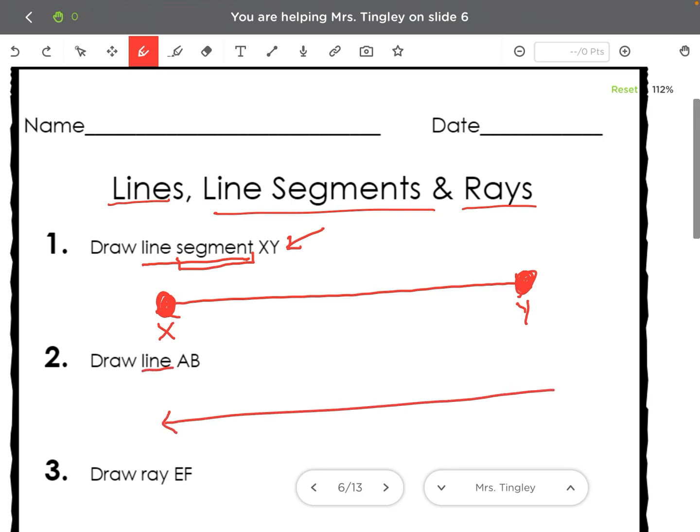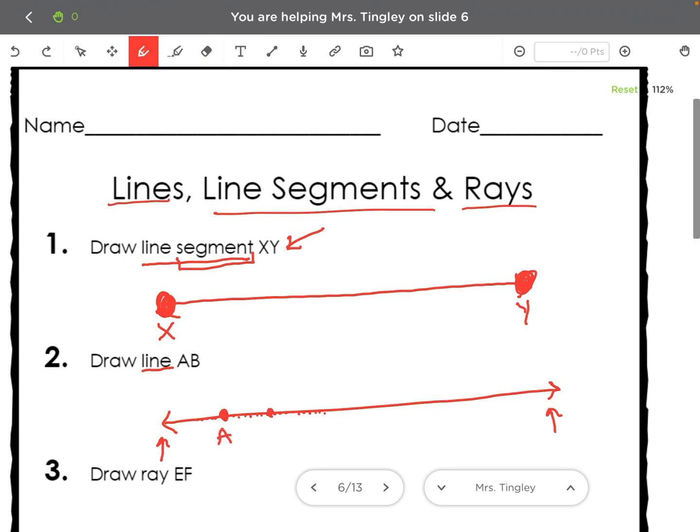Now we're going to draw just a regular line. Regular lines continue forever and ever. They will have an arrow on both sides of the line. Go ahead and draw that out. And if you think about it, there are tiny little points all down this line.